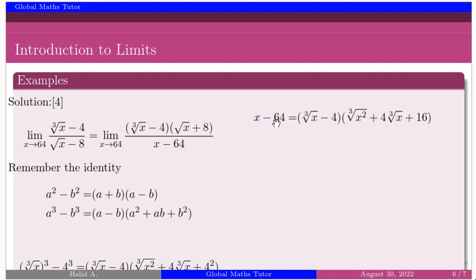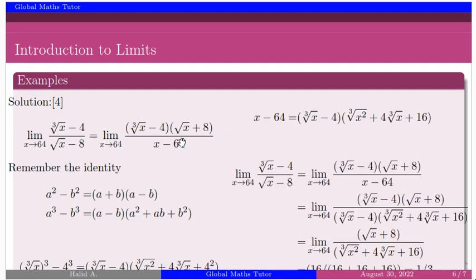Thus x minus 64 is the same as multiplying these terms. Now let's substitute this value. Since there is a term cube root of x minus 4 in the numerator, we can cancel out these terms.